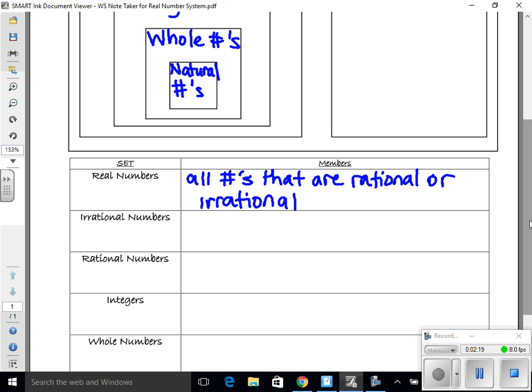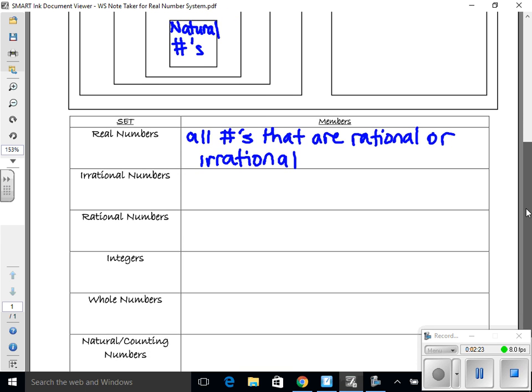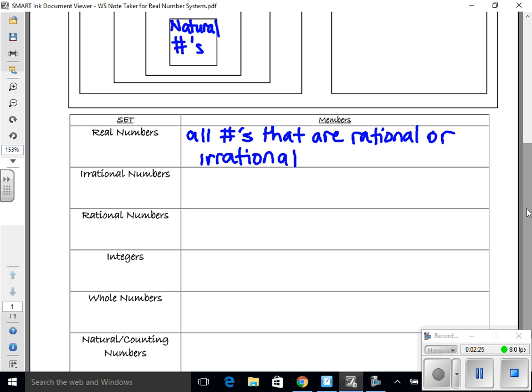The next category is going to be your irrational numbers. Okay, and the way to remember irrational numbers: if someone is irrational, we kind of say they act crazy, right? So your irrational numbers are what we call your crazy numbers. And there's a reason that we call them crazy. These are your numbers that do not end, so they keep on going forever, and do not have a repeating pattern.